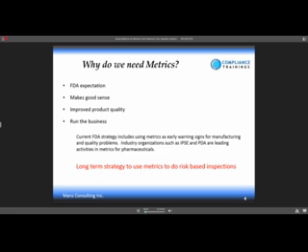Both the pharma side and the medical device side are working on this. On the pharma side, ISPE and PDA are leading activities. On the medical device side, MDIC is doing a lot of work in terms of metrics. The FDA's long-term strategy is to use metrics to do risk-based inspections.